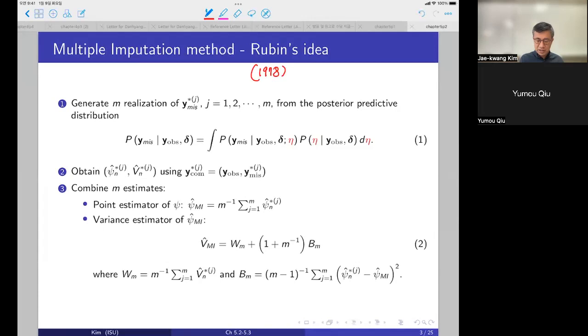So you generate a parameter and then plug into your imputation model, and then generate Y. So it's kind of two-step, right? You first generate the parameter, and then second step you generate the imputation. So that is quite natural. The novelty actually can be credited to point estimation and variance, especially variance estimation.